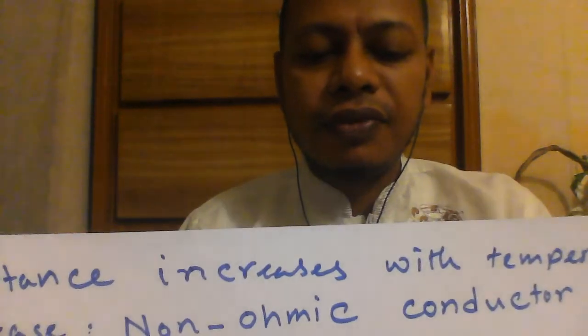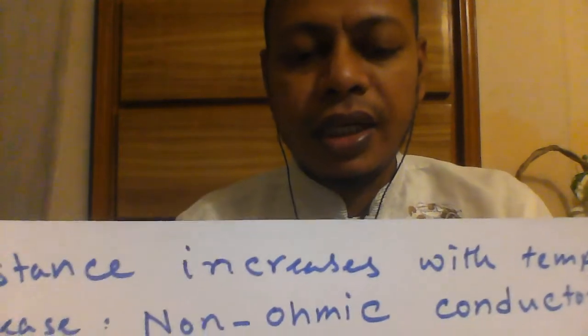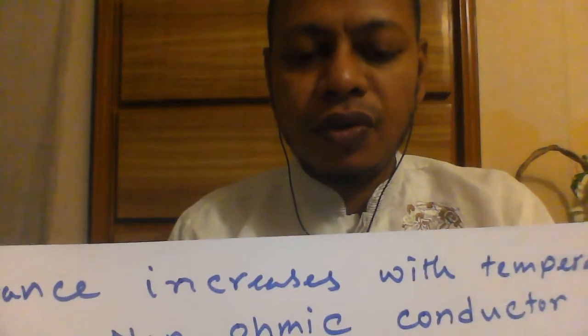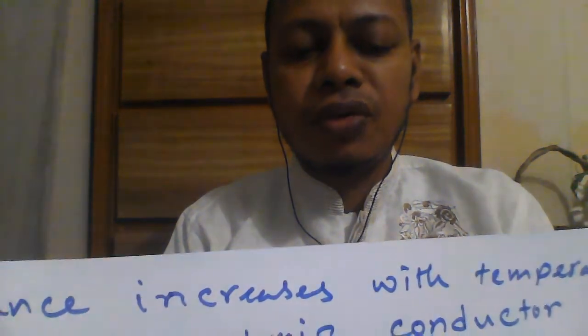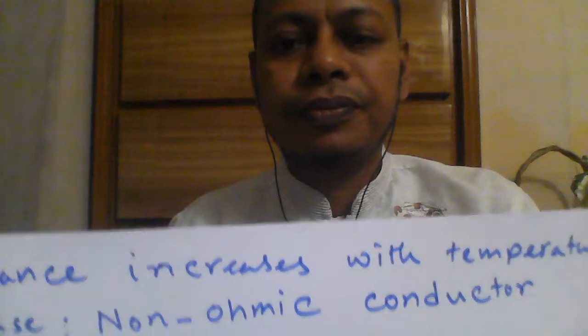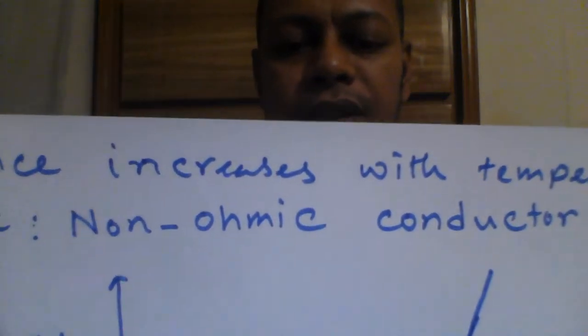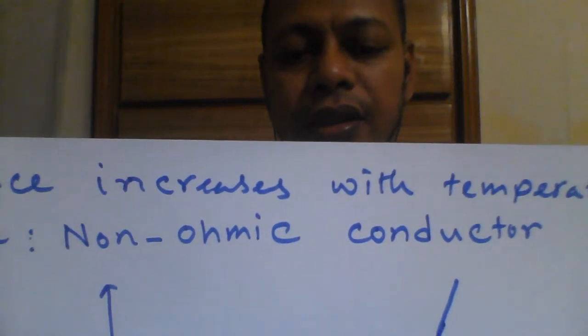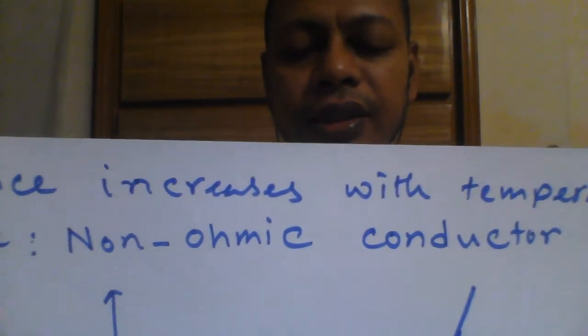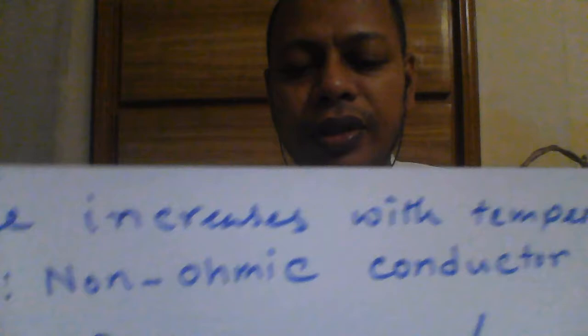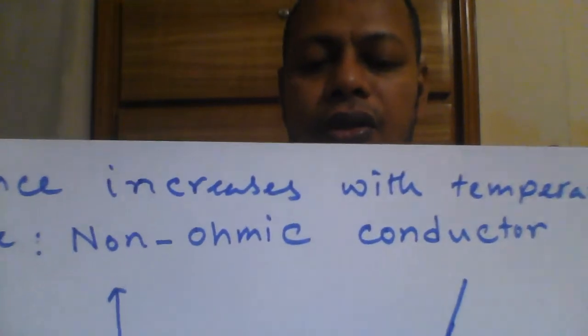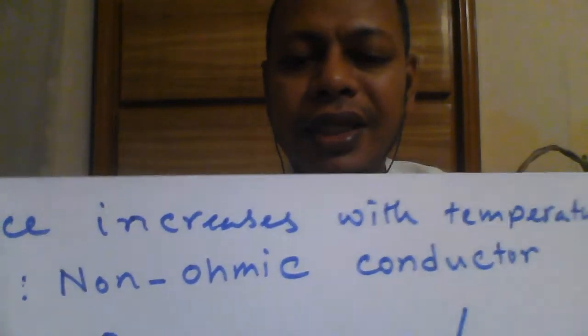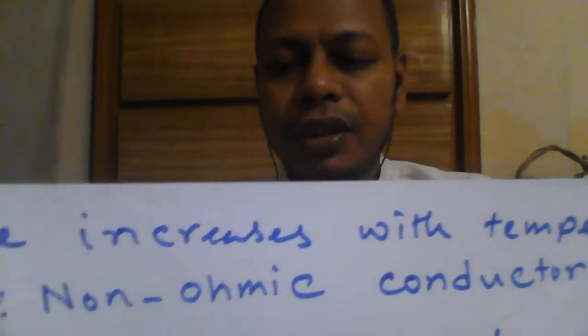That means the filament is heated, and at that time the temperature is more, and it's no more a straight line over here. Here we see we are increasing the voltage, but the current is not increasing that much the way it was increasing before. So if we get the gradient over here, what happens?